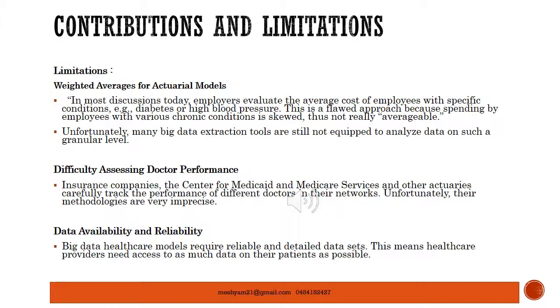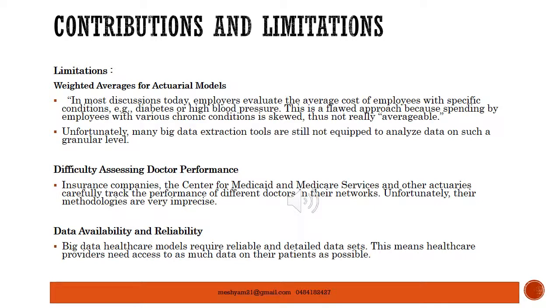Welcome to my another slide. Besides the contribution of big data, it has a few limitations, such as the use of averages for actuarial models. In most discussions today, employers evaluate the average cost of employees with a specific condition, for example, diabetes or high blood pressure.